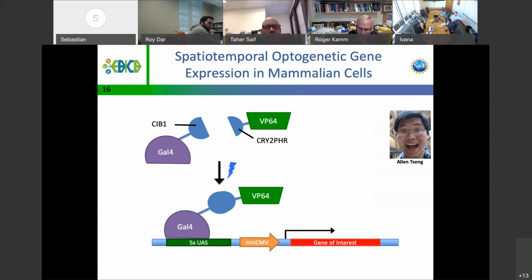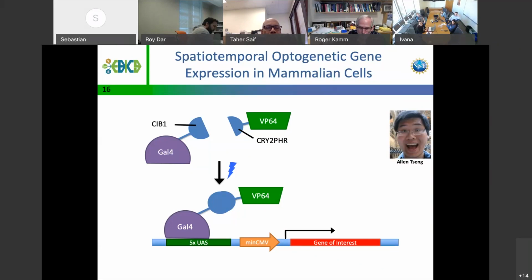I see. So this protein would have to be within the nucleus, or is it outside the nucleus in the cytoplasm? You shine the light. Yeah, the protein can be in the cytoplasm. I believe the way this has been engineered, one of the 2 components has a nuclear localization signal.